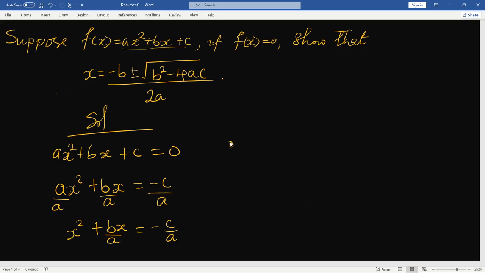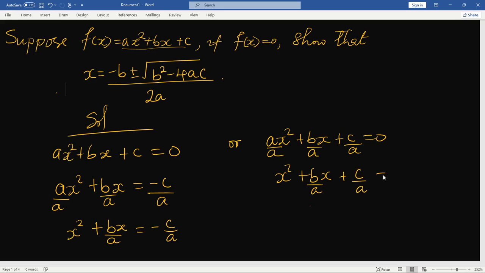Or if you want, we can just divide throughout by a first. So meaning that we're going to have ax squared plus bx plus c equal to 0. Then we divide throughout by a. Then we have x squared plus bx over a plus c over a equal to 0.